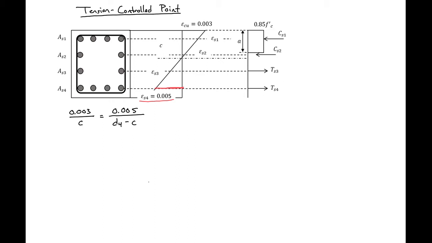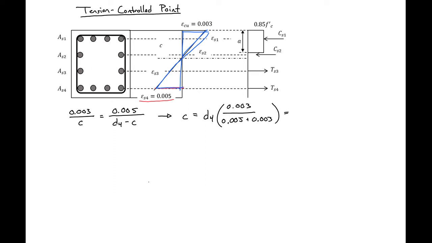So by similar triangles, we know that 0.003 over c equals 0.005 over d4 minus c. So we can rearrange this and solve for c, and we'll have our c is equal to our d4 times 0.003 divided by 0.005 plus 0.003.